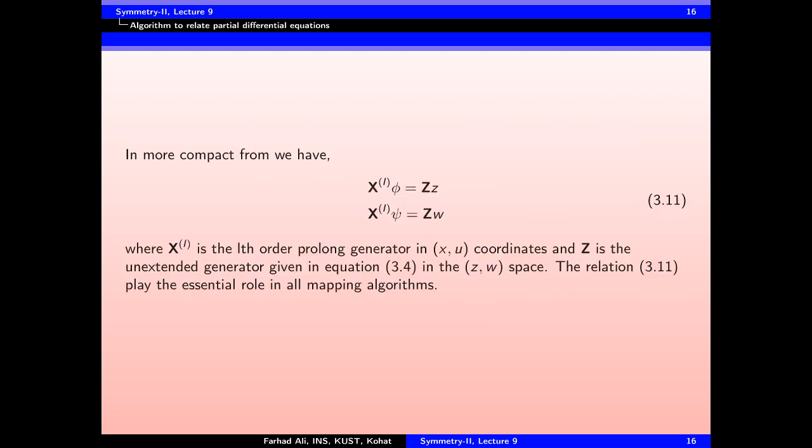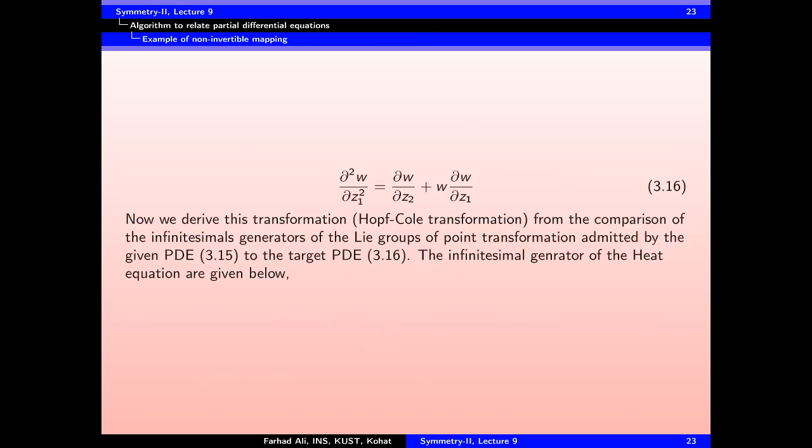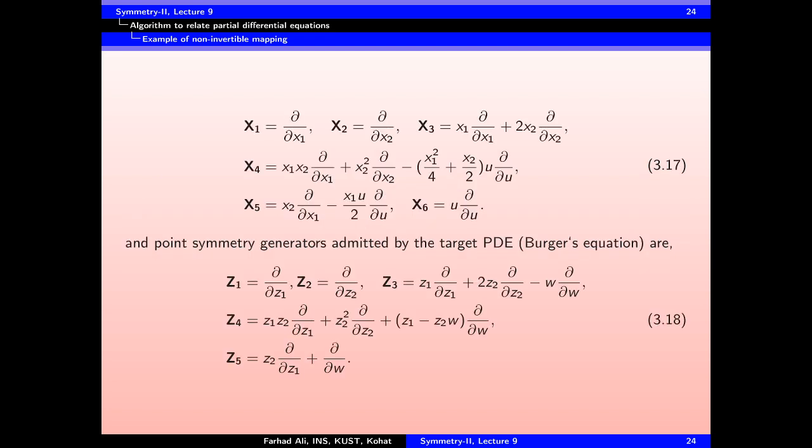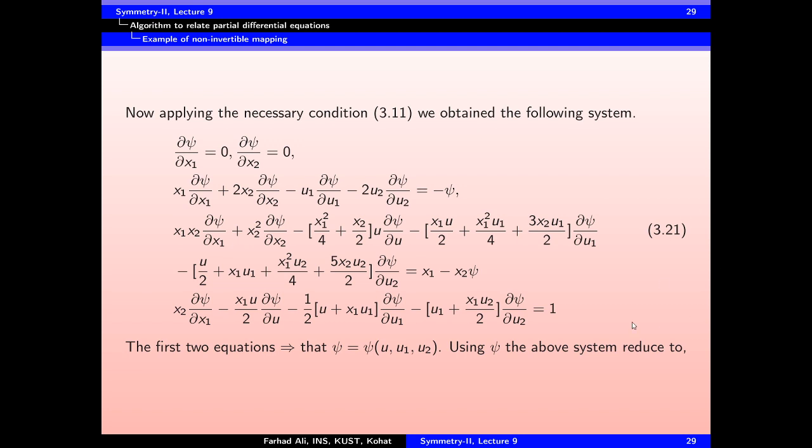This equation, for the given heat and Burgers equations, gives me this system. Now my goal is to solve this system. This is a system of, let's see, 2, 3, 4, 5.